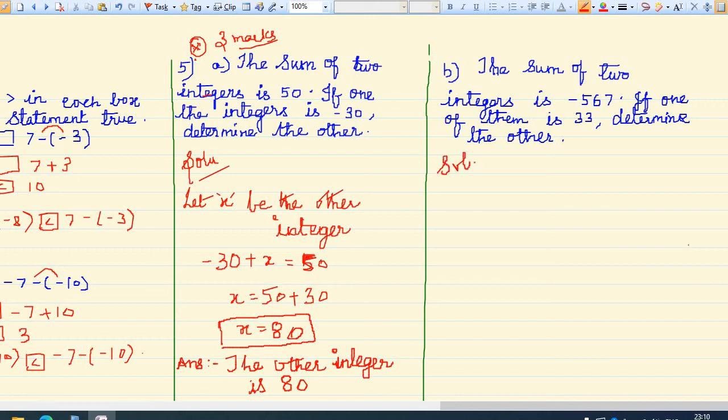Listen, here also I am going to consider let x be the other integer.